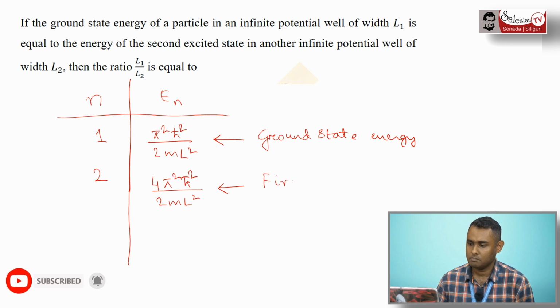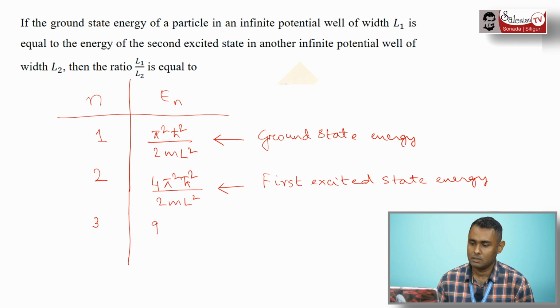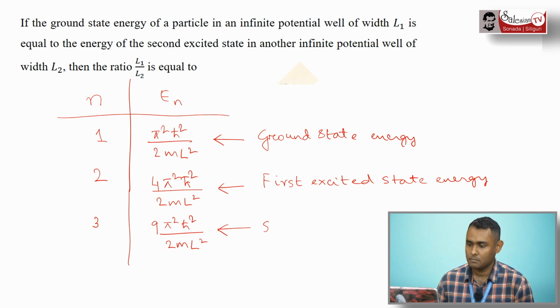So this is the first excited state energy. For the next value, n equals 3, if I put this value in the formula for the energy eigenvalue, I will get 9 pi square h cross square by 2m L square, and this will be our energy corresponding to the second excited state.